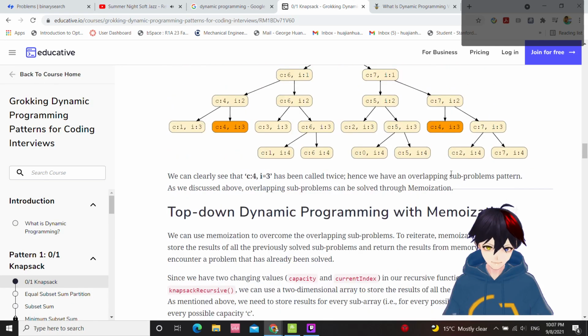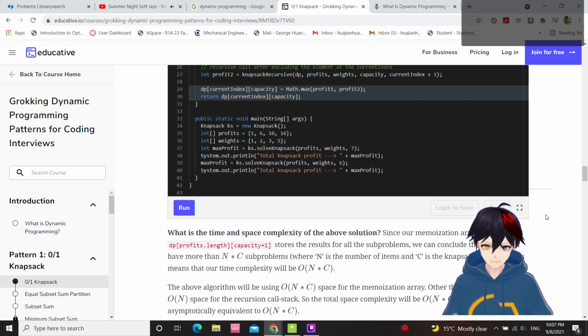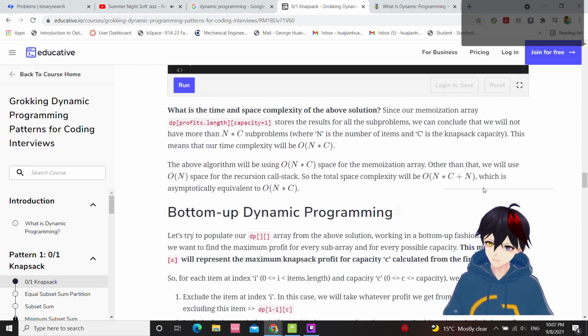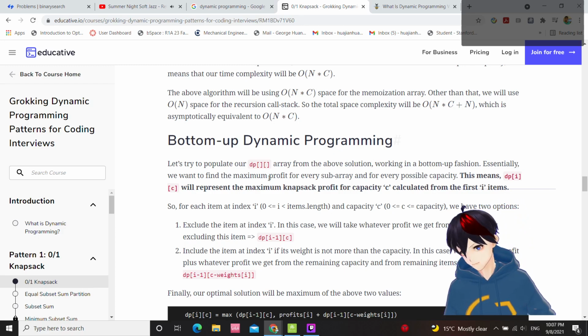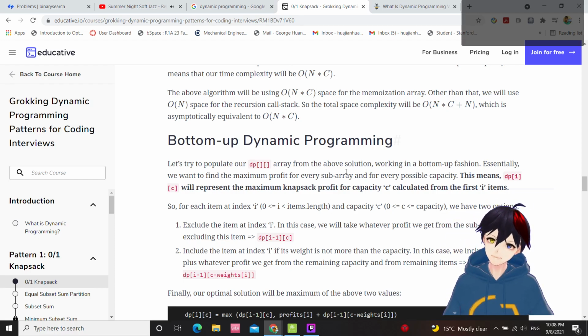Use a two-dimensional array to store this. Populate it this way. You have to start from 0, 0, right? Start populating the most basic answer. You have to reduce it to that form though.